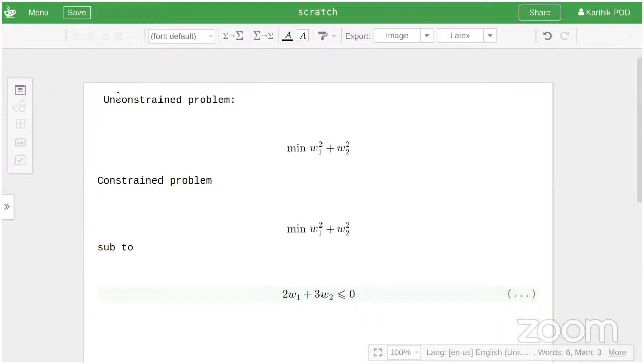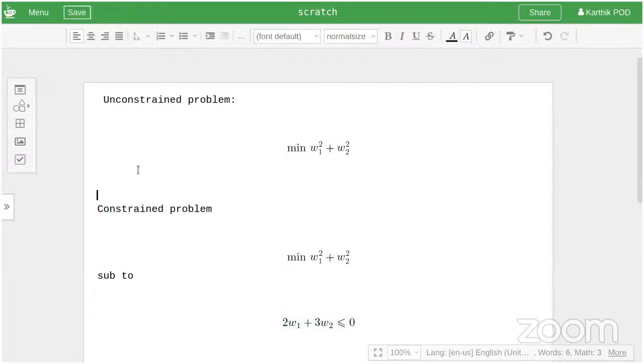Now, I call this particular constraint active when having this constraint forces the minimum to be different from the unconstrained problem. Do you get it? How will you find the optimum value for the unconstrained problem? Just take the gradient and set it to 0.